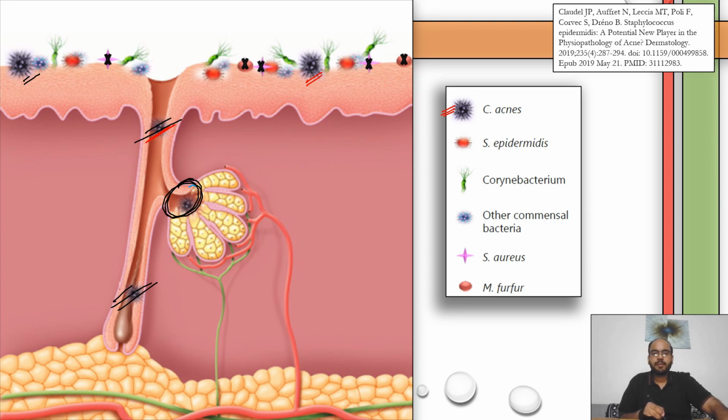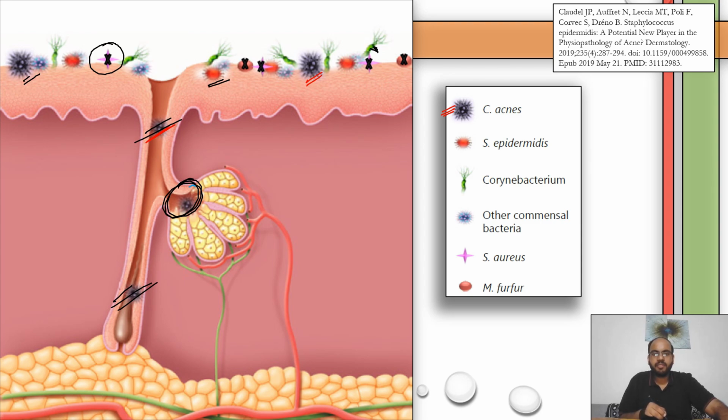The red one is C. epidermidis. C. epidermidis is also a commensal organism. C. epidermidis grows so that Staph aureus cannot grow. Okay, just remember this. Corynebacterium is the green flagellated one. Staph aureus is this one, the pink one.